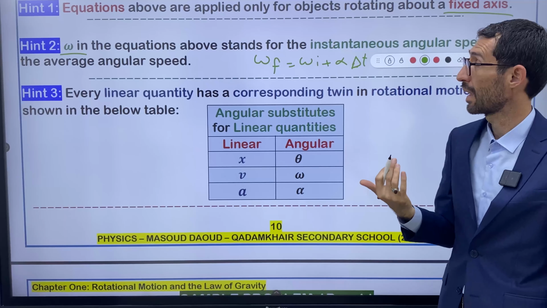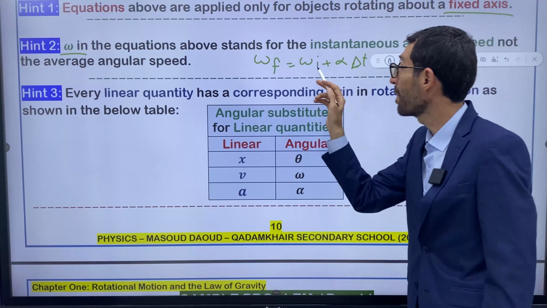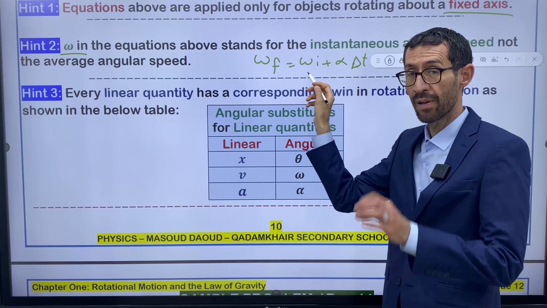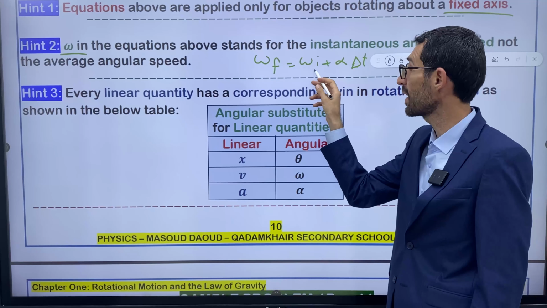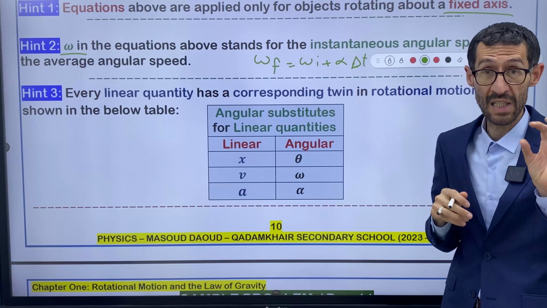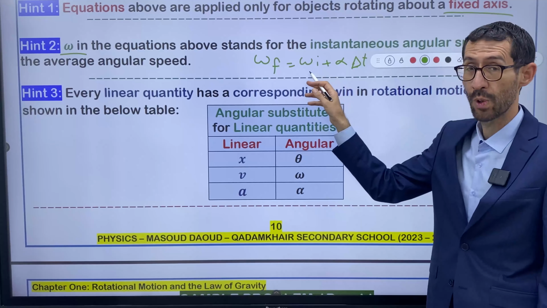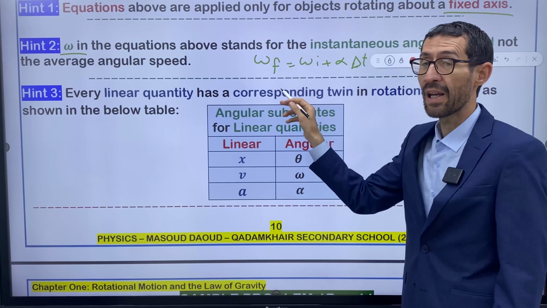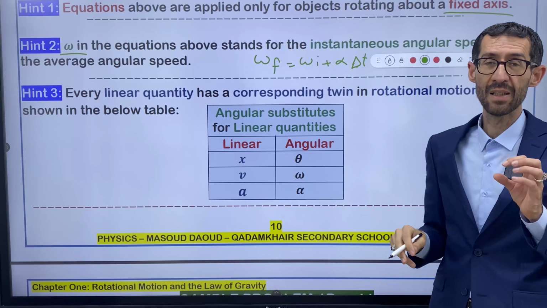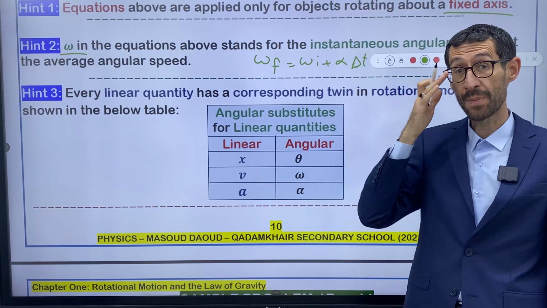couldn't be an average value, because this angular speed is for the starting situation, and you say omega f for the final angular speed.